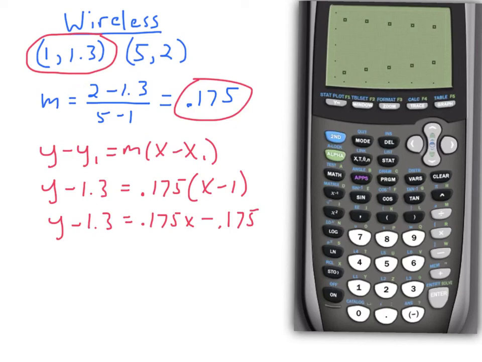And then we'll add 1.3 to both sides of the equation, and we get y equals 0.175x plus 1.125.